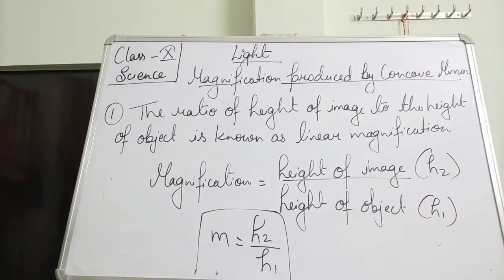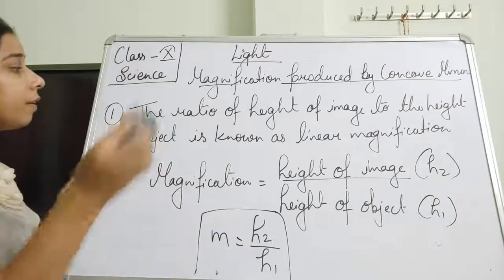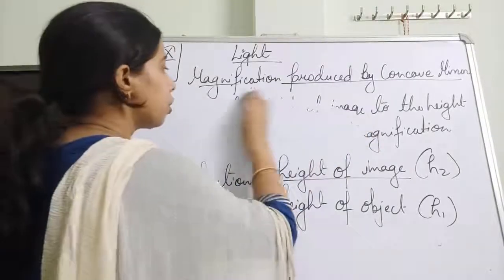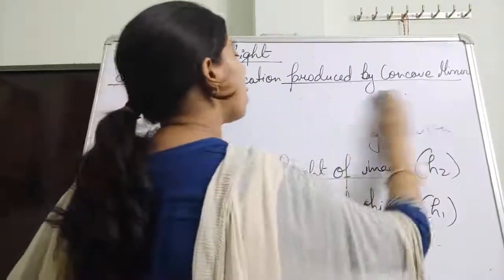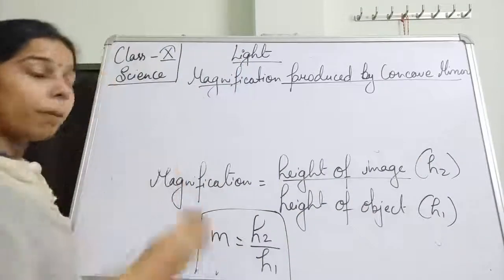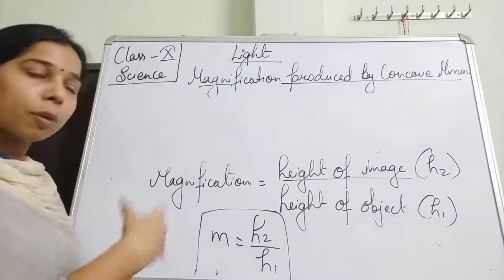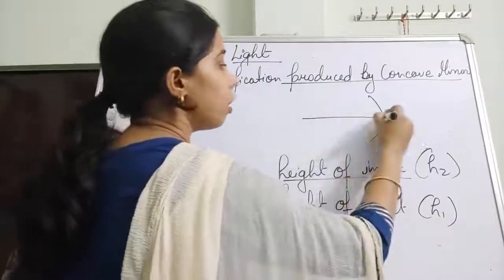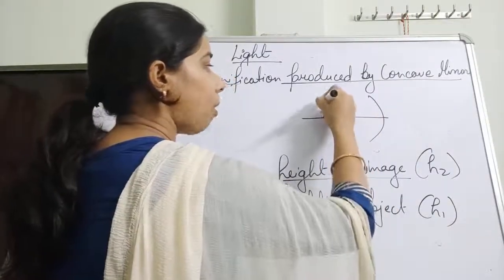Okay. Now see here, this is the first thing. How will we find whether the magnification is negative or positive? Whenever we talk about the height of the object, it is always above the principal axis. Suppose this is a concave mirror, so the object will always be kept like this.